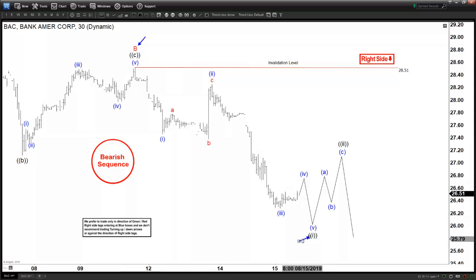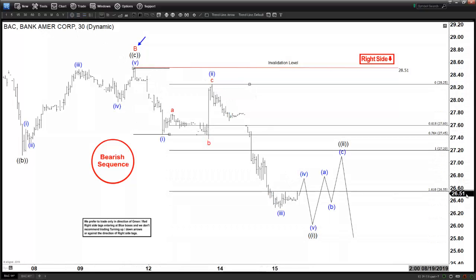So here we also see this wave 3 looks to be extended, right? Extended and impulsive. If you measure the extension, we do get more than the 161.8% extension. Typically that is the characteristic of a wave 3.